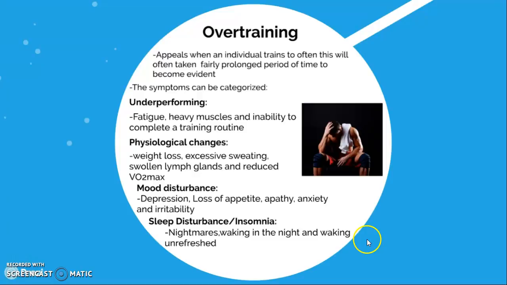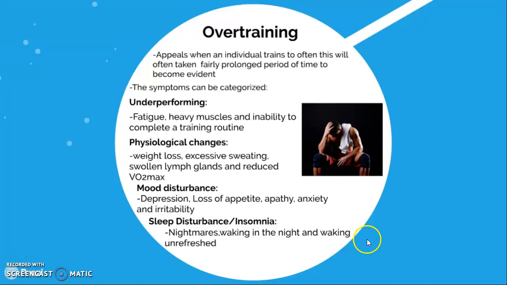This will of course affect abilities and performance in-game. Physiological, weight loss, excessive sweating, swollen glands, these are all issues. Also reduced VO2 max. These are all going to affect performance and probably make the individual feel quite unwell, quite ill.